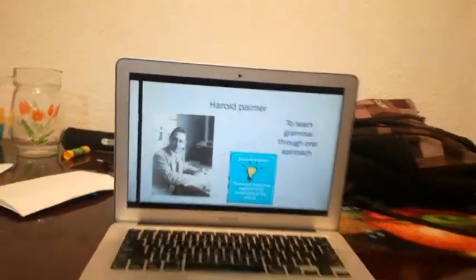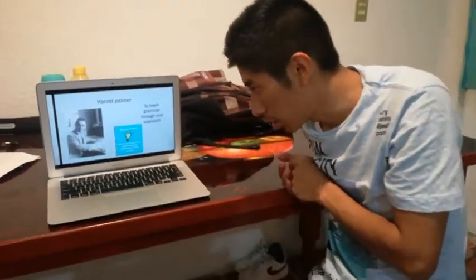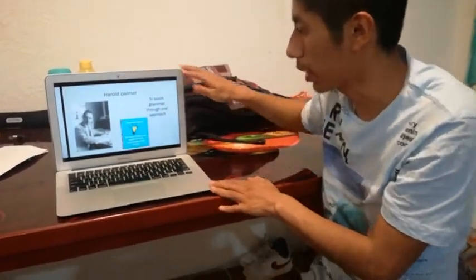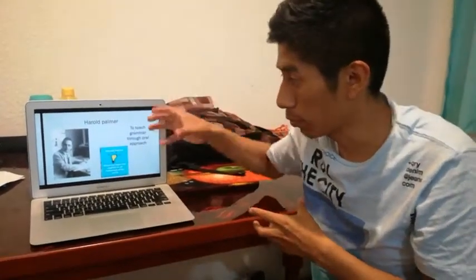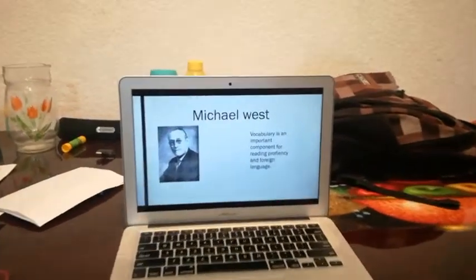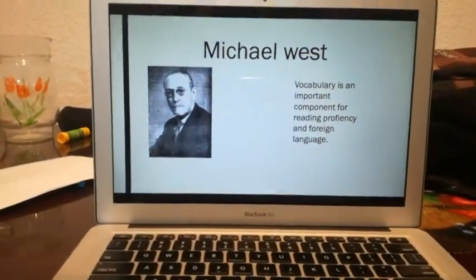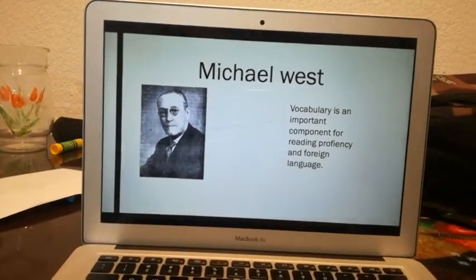But Harold Palmer also mentions that universal logic was applied in all languages of the world. That's very important because Harold Palmer was involved with this oral approach. The second author in this oral approach is Michael West. This author mentions that vocabulary is an important component for reading proficiency in a foreign language.